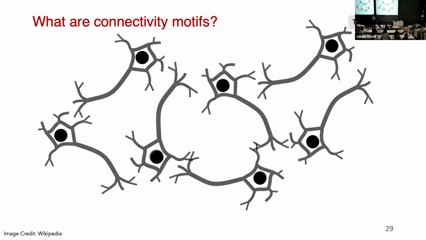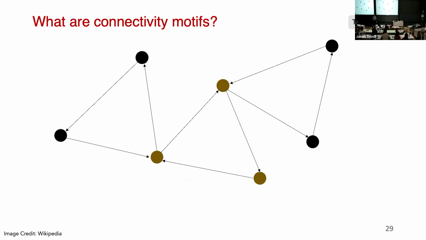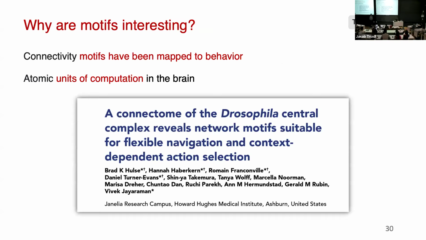And if we think of a connectome as a graph where each neuron is a node and the synaptic connections between those neurons are edges, we can apply traditional methods from graph analysis like subgraph isomorphism searches to identify these motifs in a connectome graph. And looking at these sorts of motifs is extremely interesting.